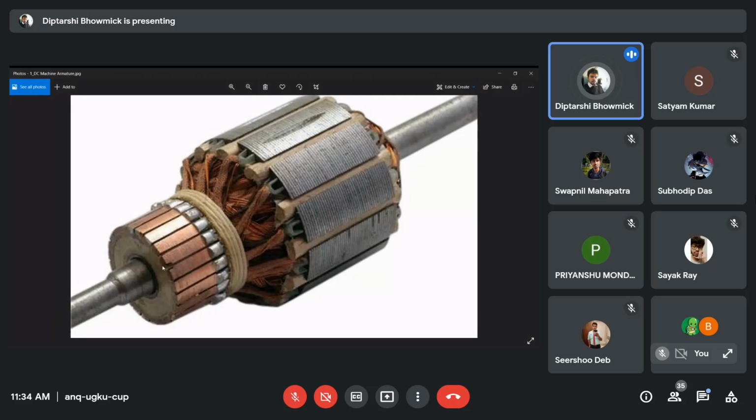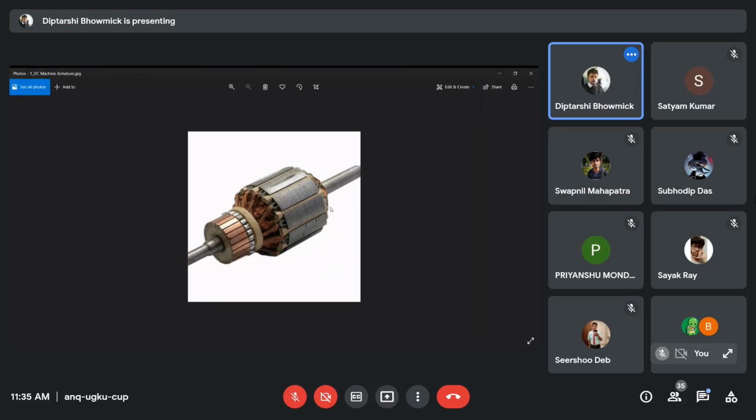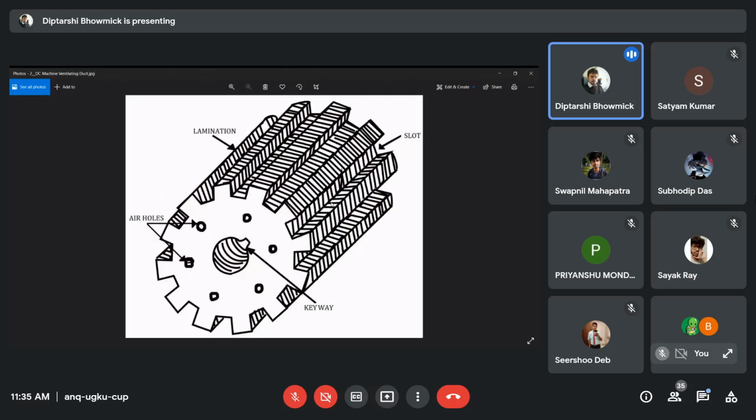Slot pitch is basically the distance between two slots. That means the distance between these two consecutive slots. One is this one, and this is another slot. Sorry, this is a schematic diagram. So these are the teeth, and this is the slot.